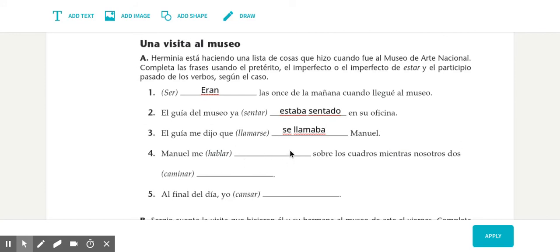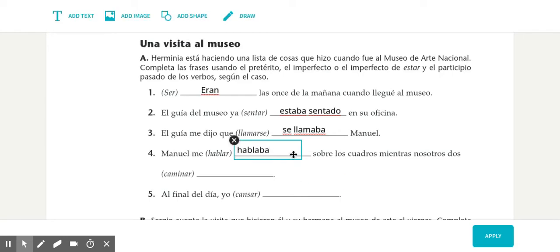Manuel me, we're going to use hablar sobre los cuadros mientras nosotros dos caminar. So he was talking about the paintings while we both walked. So it's an ongoing action while something else is also ongoing. So Manuel me hablaba.